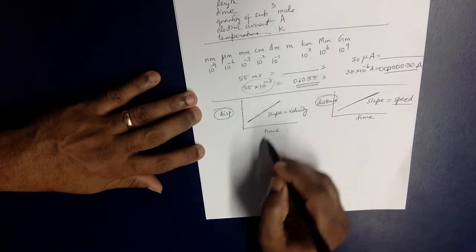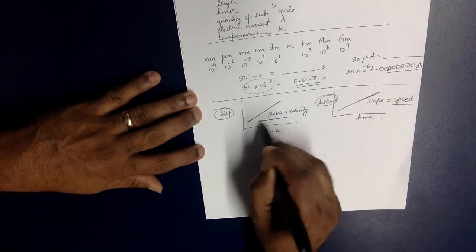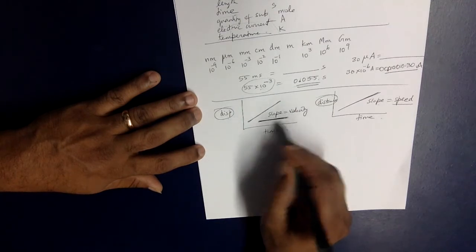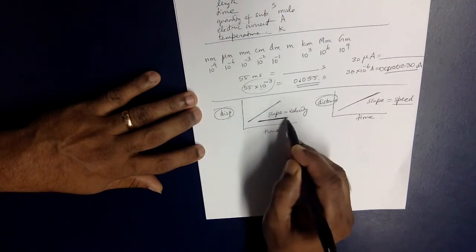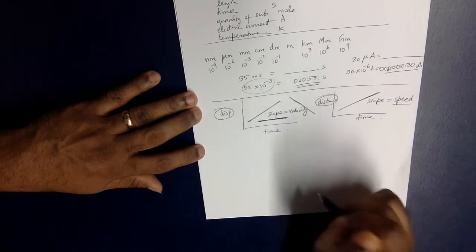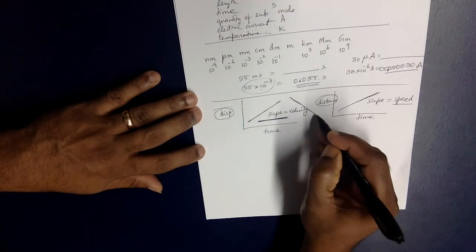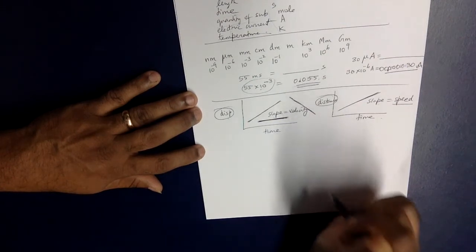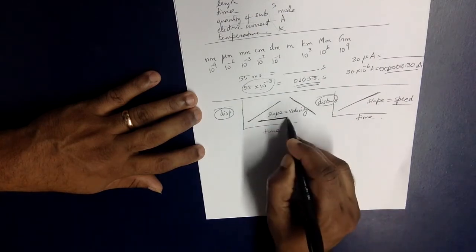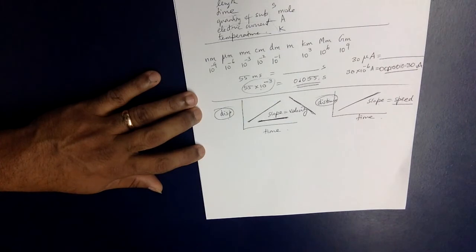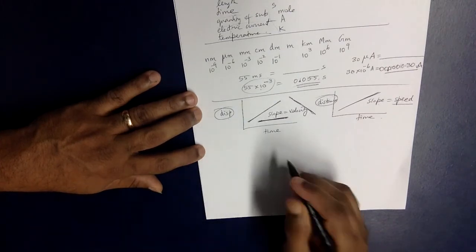Now, if a line is flat like that, that means the slope is 0, which means this is 0 velocity, not moving. Now, if a line is going like this, that means it is negative velocity, because its slope is negative. Flat, 0 velocity. This, positive velocity. This, negative velocity. All right?